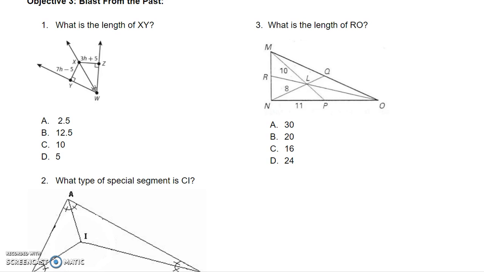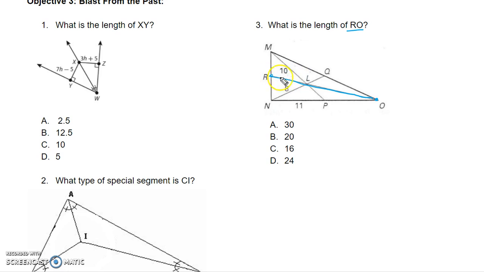Okay, number 3, what is the length of RO? What I'm noticing here is that RO goes from here to here, and it looks to me like it's a median because I don't see any angle markings like the other 2 examples, and I don't see any perpendicular lines, which is what's required of the perpendicular bisector and the altitude.